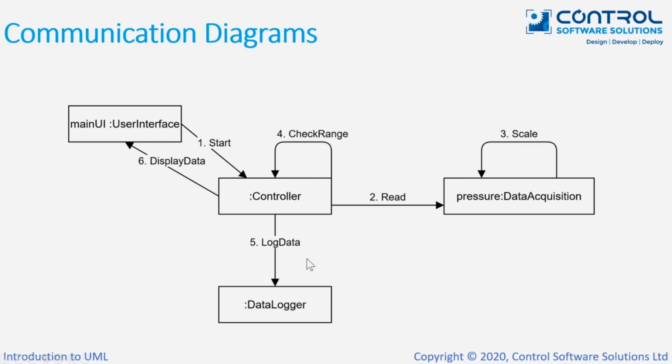So again, very quickly, we've got main user interface, sends a start command to controller. Controller sends a message or interfaces here to say read, read, and then we scale. Then the controller checks the range, and then the controller sends a message to log the data.